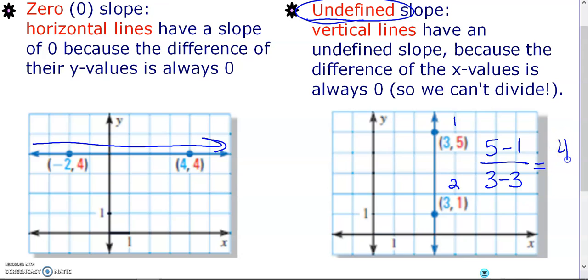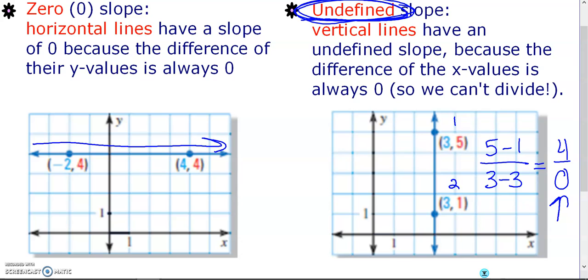I'm going to get a 4 over 0. Are you allowed to divide by 0? Try it. Put it in your calculator. Do 4 divided by 0. On your calculator, it tells you something like error, but in math, that's called undefined. So if you have a vertical line, you have an undefined slope.